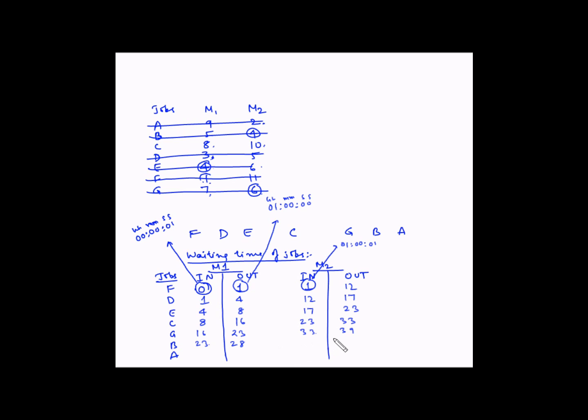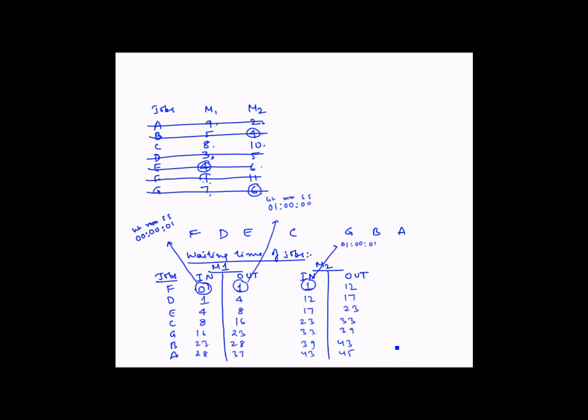Now for B, in time on machine M2 is 39, and out time will be 39 plus 4, which is 43. For A on machine M1, in time is 28, and out time is 28 plus 9, which is 37. For job A, in time on machine M2 is 43, and out time will be 43 plus 2, which is 45.